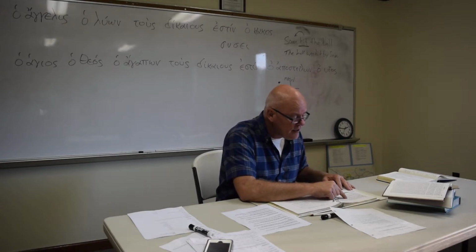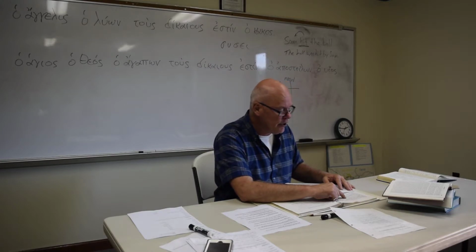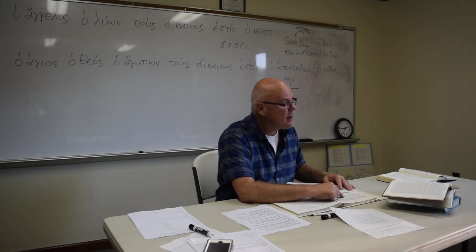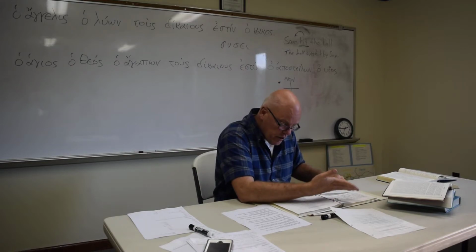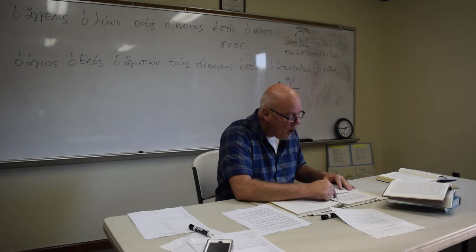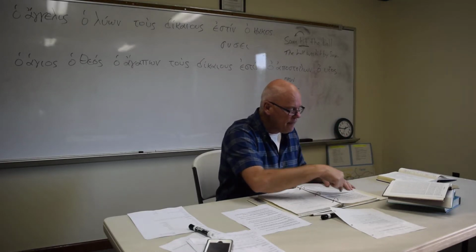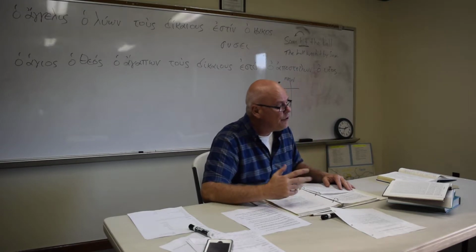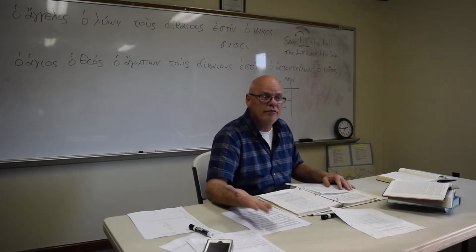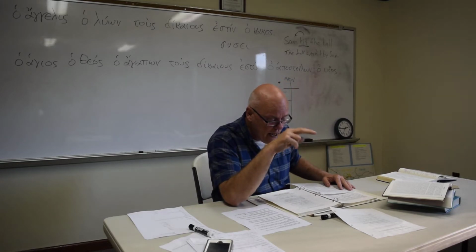Notice that the sign for the present is blank, and that's the way it would be in the finite verb. For future, the sign is sigma, which you expect in the finite verb. And then for first aorist, sigma alpha, which you would also expect in the finite verb. And then for the perfect, you have the kappa with no thematic vowel, which is the way you would have it in the finite verb. So those are all the same.